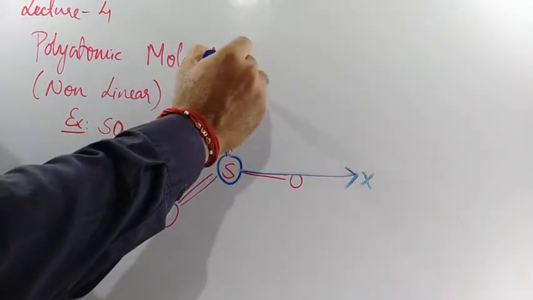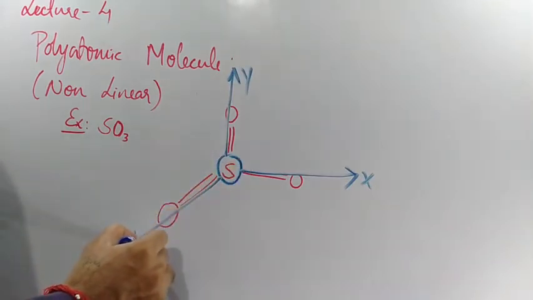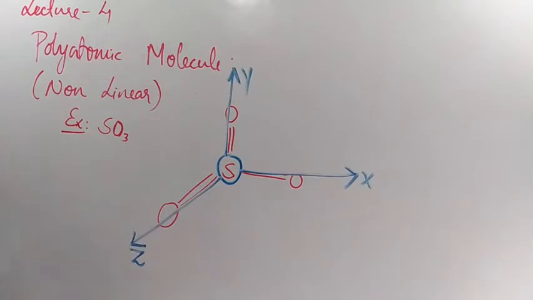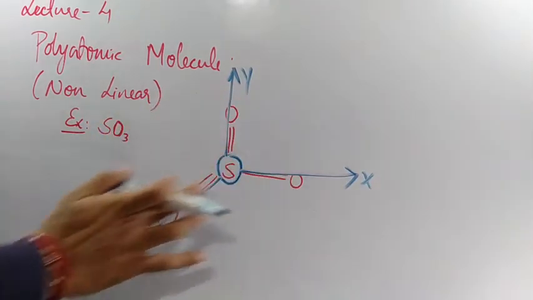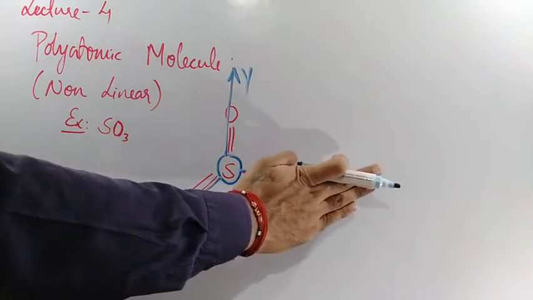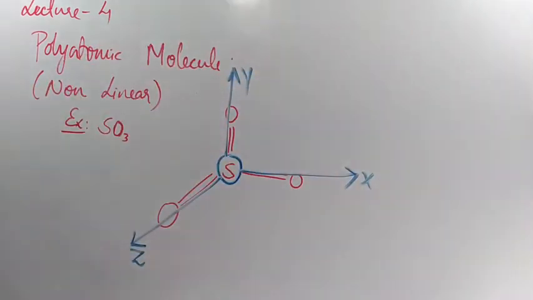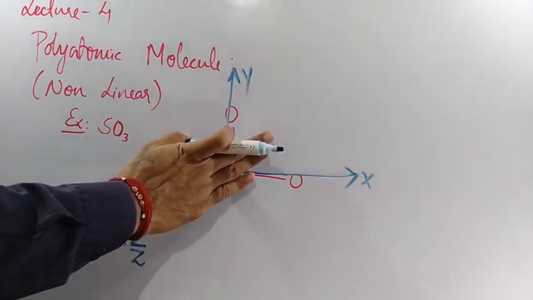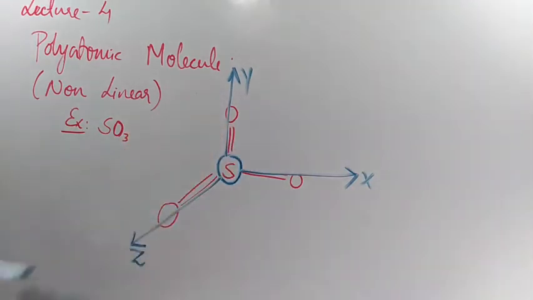X-axis, Y-axis, Z-axis. Now concentrate on this SO3 total molecule, the complete molecule. This complete molecule may move in the X direction, or in the Y direction, or along this Z axis, perpendicular to the board.